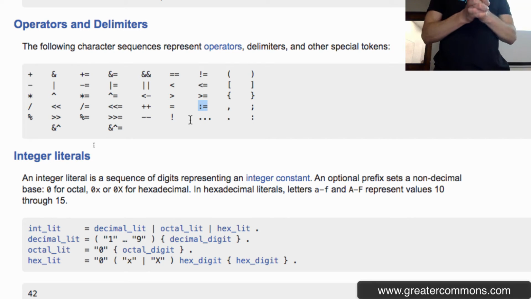What does that lexical element do? Lexical, lexicon, relates to language. It specifically declares the variable. The short declaration operator allows us to just say, hey, this identifier, this variable, we're assigning this value to it, and it figures out the type.